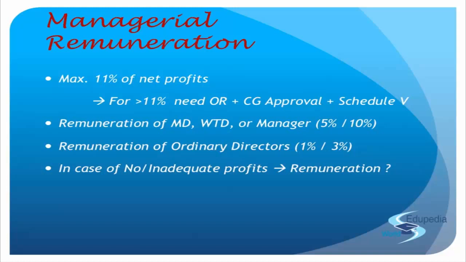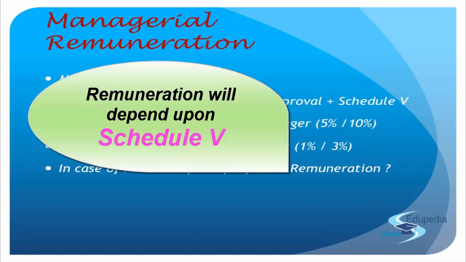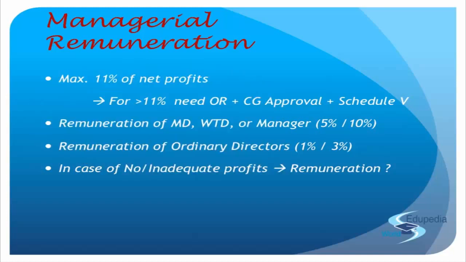So in case of no or inadequate profit, what would be the remuneration? What do you think? We are checking this. The company has made no profit, or I could say the company has made inadequate profit. There is not much money for them to distribute as remuneration. So what do you think the company will do? Yes, remuneration will depend upon Schedule 5. Sitting fees will be paid, since that is not dependent on any percentage.